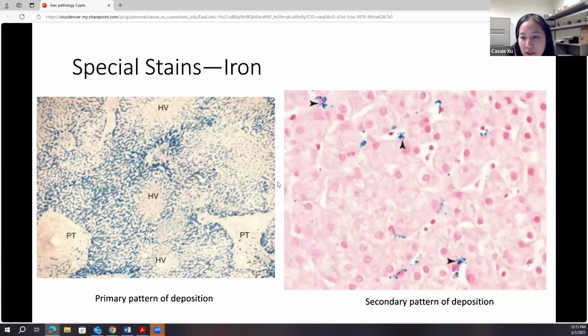When you have a mixed pattern, it can suggest non-specific things like alcohol, liver disease, viral hepatitis, or it could suggest long-standing other disease entities such as hemochromatosis. Eventually in hemochromatosis, you can get both patterns of deposition.